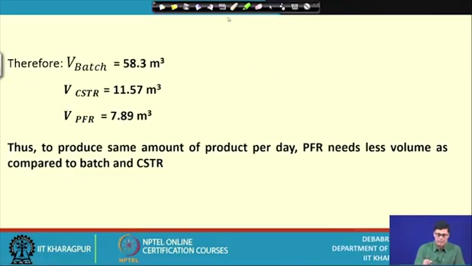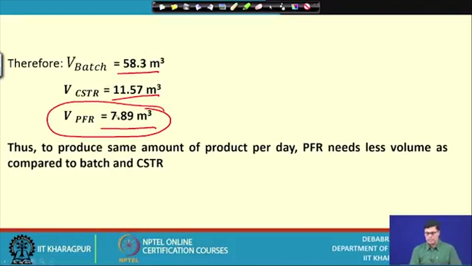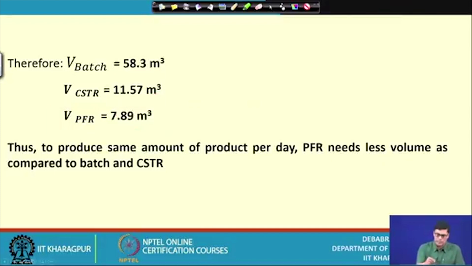So in this problem, the batch process volume is 59.3 cubic meter, CSTR 11.57, and plug flow reactor 7.89. That means our recommendation is the plug flow reactor. The plug flow reactor will be most suitable for this particular production process.